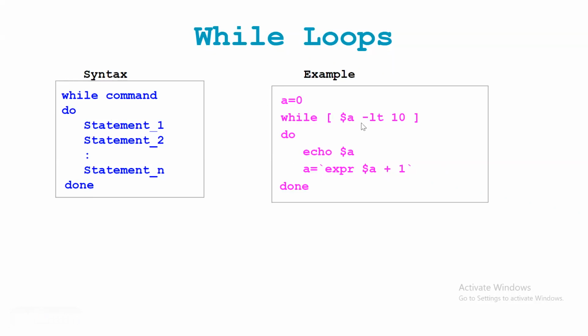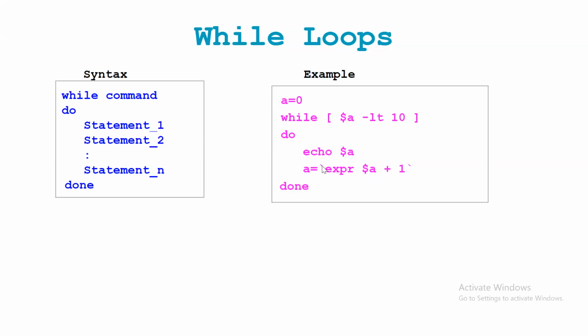And I have taken one example here. Initially a is 0, and if the value of a is less than 10, then we print this block. The new thing is, if you want to write any expression, we need to write it in this format: expr, then a space, then the variable, then plus, and then 1.